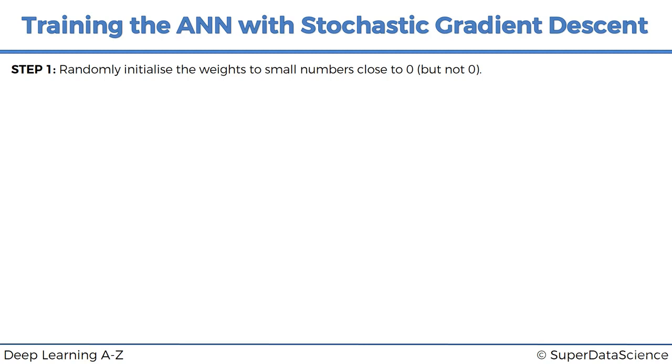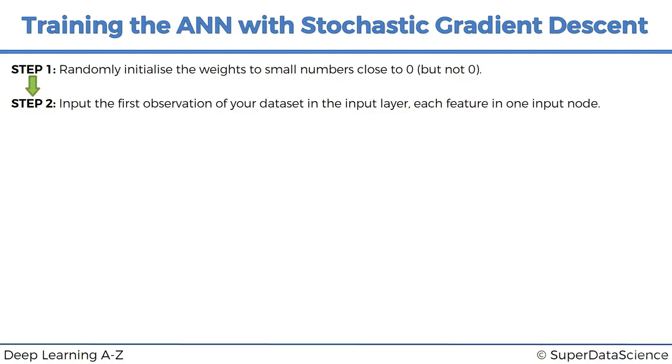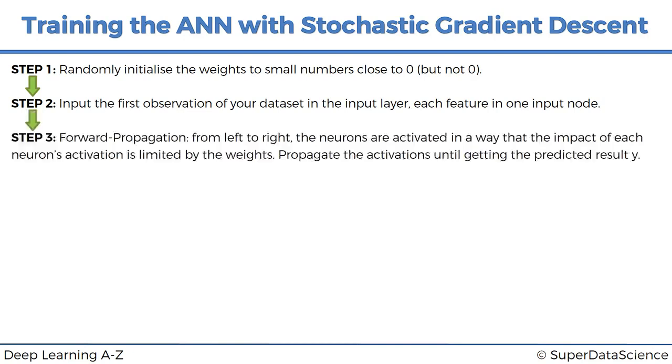We didn't really focus on the initialization of weights during the intuition tutorials, but the weights have to start somewhere, and they are initialized with random values near 0, and from there, through the process of forward propagation and backpropagation, these weights are adjusted until the error is minimized, until the cost function is minimized. Then step two, input the first observation of your data set, so the first row, into the input layer. Each feature is one input node. So basically take the columns and put them into the input nodes.